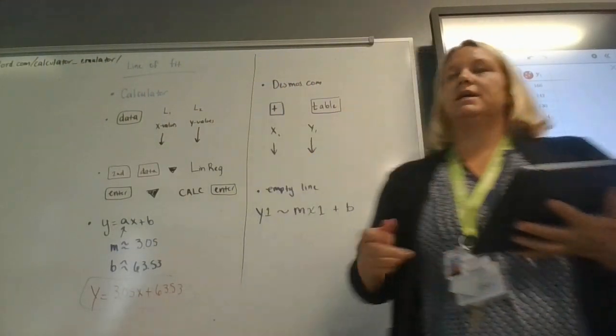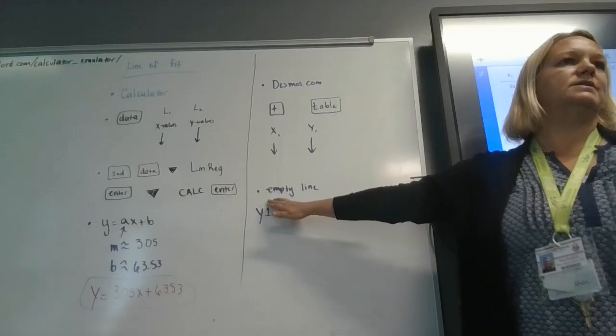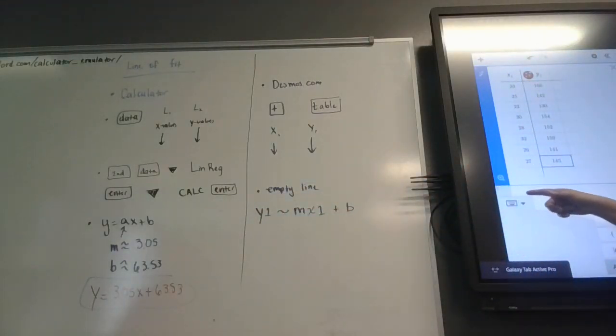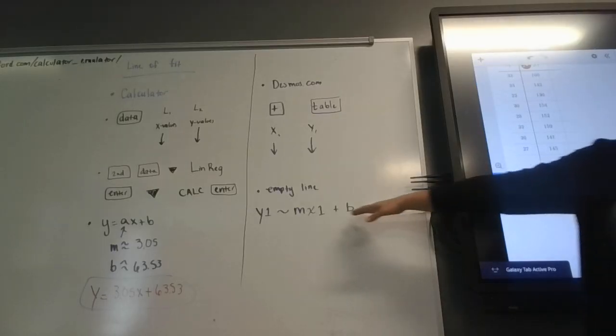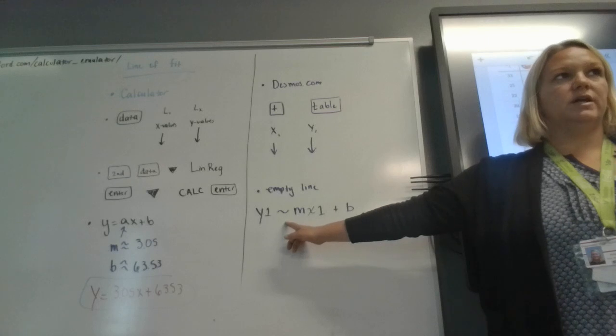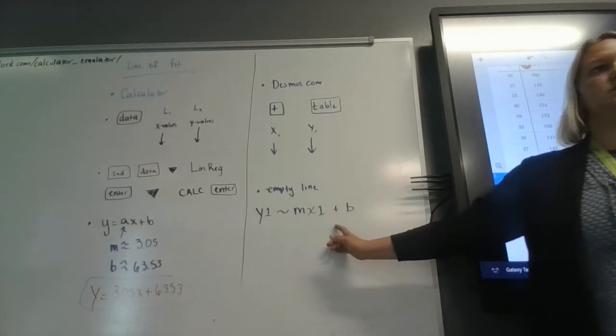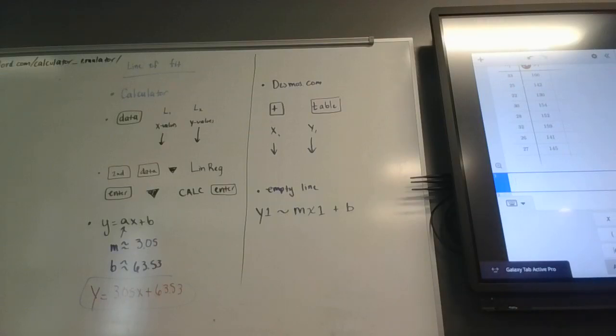In Desmos.com, you're going to go to the next empty line. So this one, this number 2 here. And you type in this exactly like it looks. Y1 squiggle, find the squiggle, I use the keyboard for that. M x1 plus b.